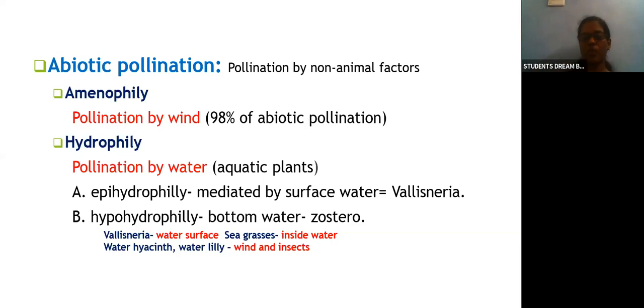Example in Zostera plants. Here in Vallisneria the pollination occurs at the water surface, whereas in sea grasses the pollination occurs inside the water. In water hyacinth and water lily, though they are water plants, insect pollination and wind pollination take place. So it can either be on the water surface or at the bottom of the water. These are the two methods.